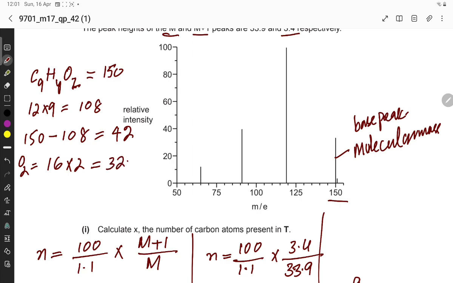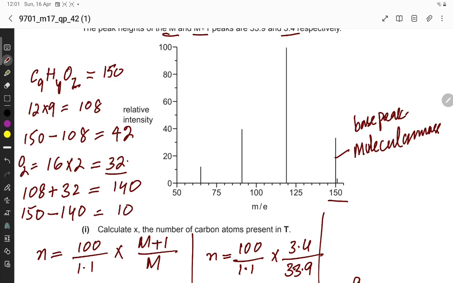Now add this oxygen: 108 plus 32 is equal to 140, and the total mass is 150. If we subtract, 150 minus 140 is equal to 10.